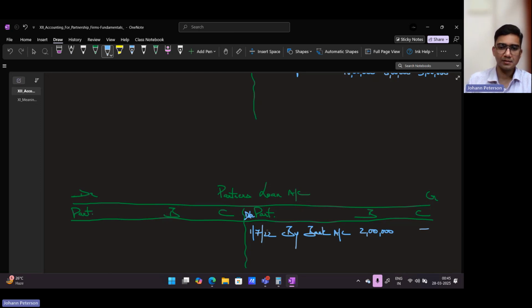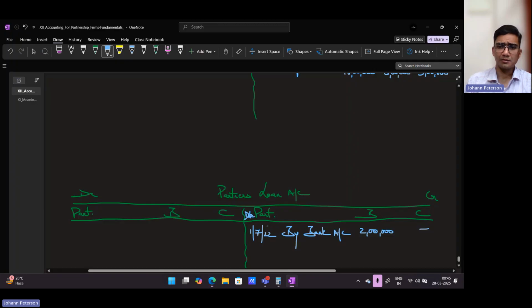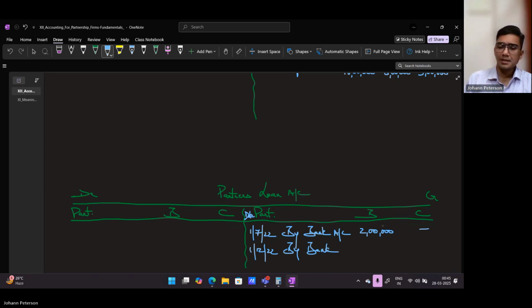C did not give on this date. Then on 1st December 22, C advanced 1 lakh by way of the loan to the firm. 1st December 22 by bank account, and this is 1 lakh.